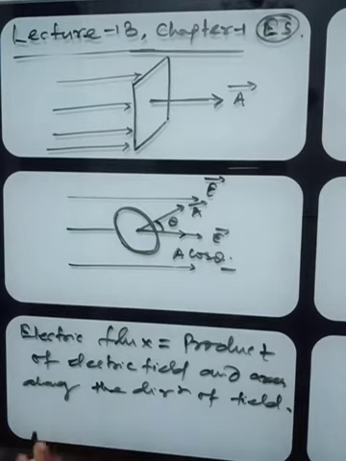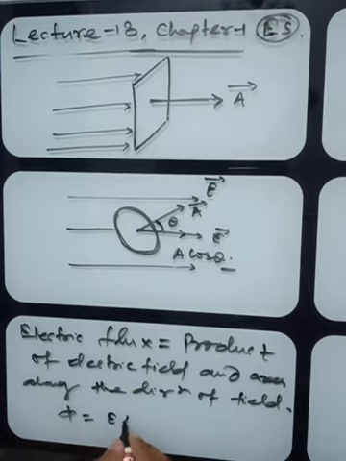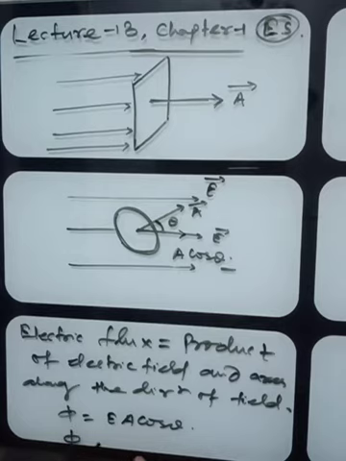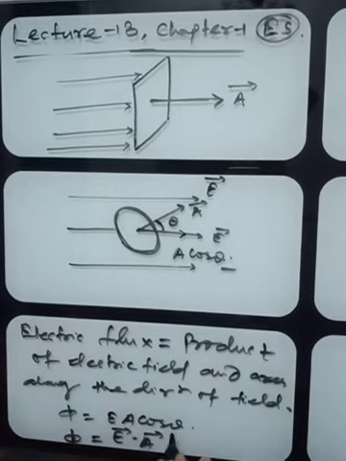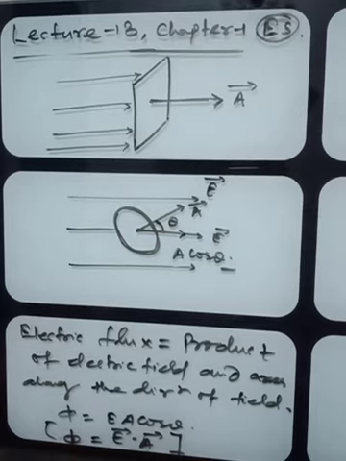If you write it, the flux will be E A cos theta. This E A cos theta can also be written, students, as the mathematical vector product E dot A. You can also write A dot E here. There will be no change in meaning, E dot A or A dot E.